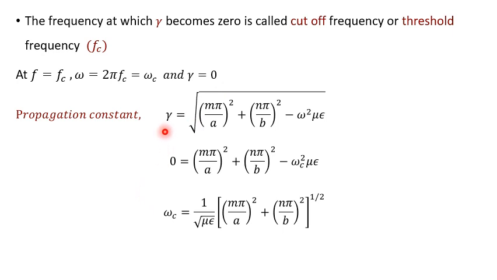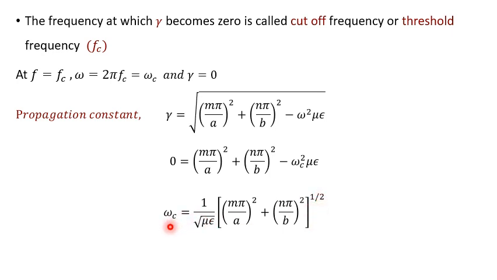You already know that gamma can be expressed as root of m pi by a the whole square plus n pi by b the whole square minus omega square mu epsilon. When gamma is equal to 0, omega becomes omega c, so omega c is 1 by root mu epsilon into m pi by a the whole square plus n pi by b the whole square the whole raised to half.